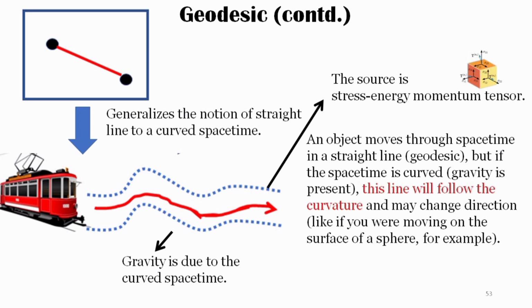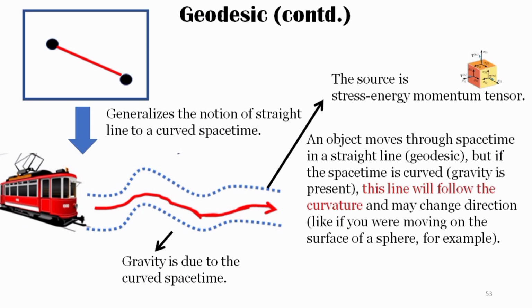This is very, very important, which I would request you to note down. An object moves through space-time in a straight line, which we call geodesic, because we have generalized that notion. But if the space-time is curved, that means gravity is present. This doesn't mean that in a straight line gravity is not present. Here in this context, the line will follow the curvature and may change direction, like if you are moving on the surface of a sphere.